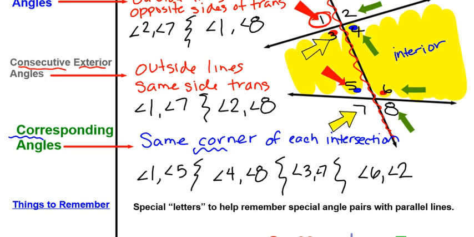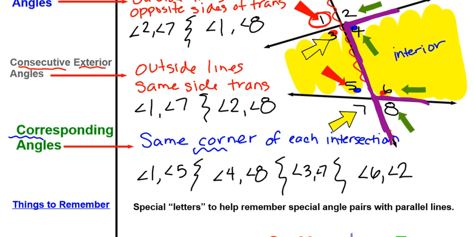Now, to think about those guys, let's trace out a couple of these. So notice we have angle 4 corresponding to angle 8. Remember, they have both the same green arrows there. And if I look at that, what letter does it look like those two make?